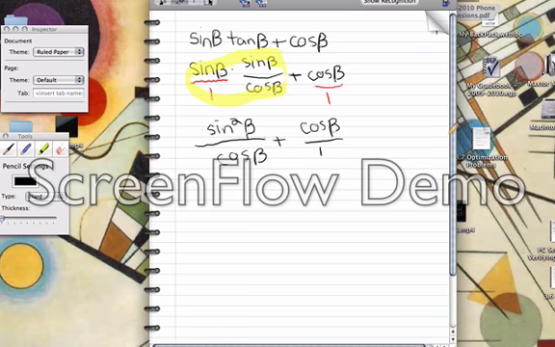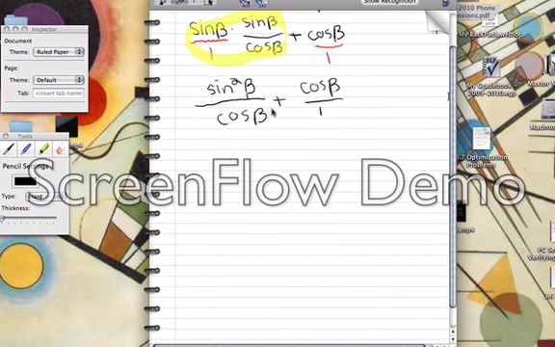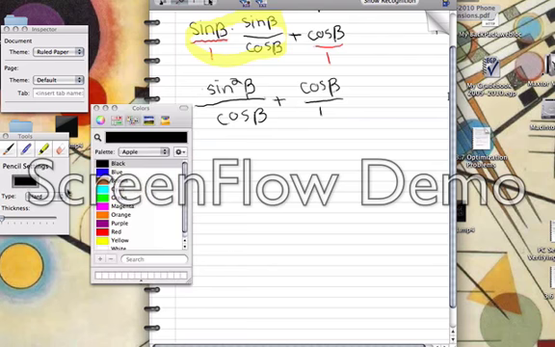And now we've got a fraction plus a fraction. And the way we deal with that situation is, in order to add them, we've got to find a common denominator. If our denominators are cosine beta and 1, if we multiply them together, we get a common denominator, which is going to be cosine beta. So in order to achieve that, I've got to multiply this right term by cosine beta over cosine beta, which is essentially like multiplying by 1.